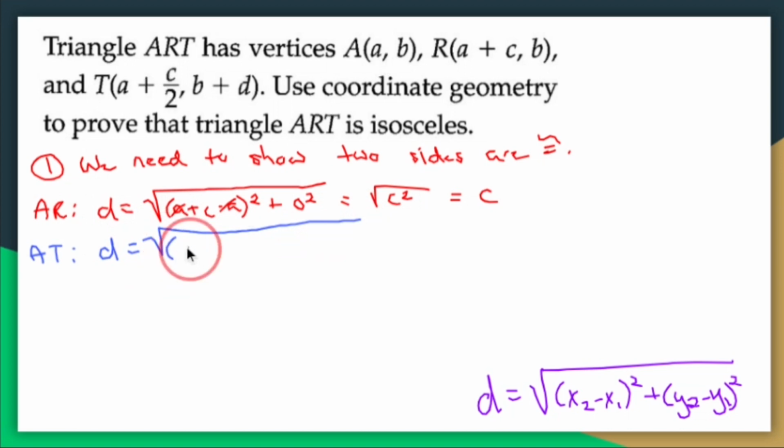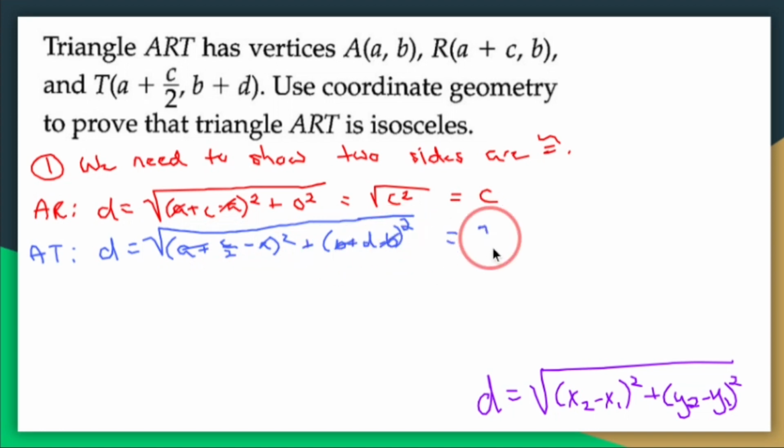So A plus C over 2 minus A squared plus B plus D minus B squared.